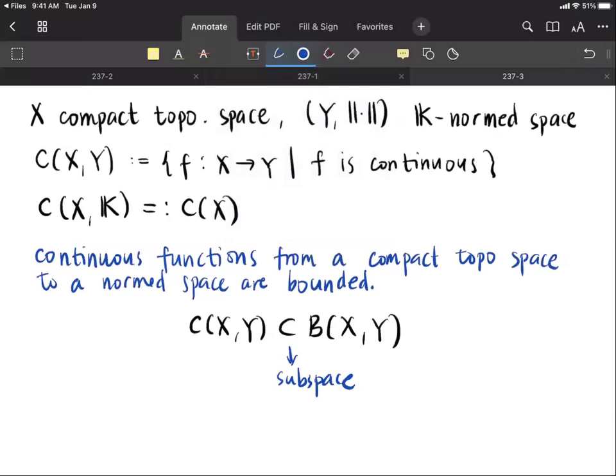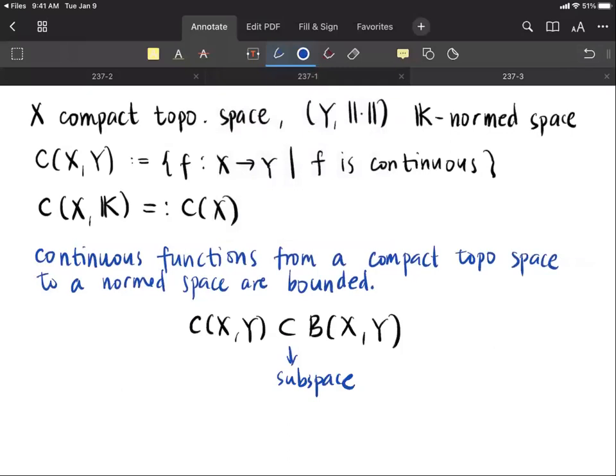One can show easily that the sum of two continuous functions is again continuous, and if you multiply a scalar to a continuous function, you also get a continuous function.